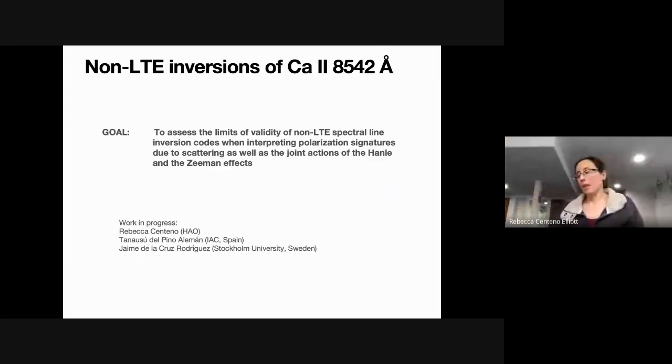So the next question that I asked myself was, how much better or worse do standard traditional non-LTE spectral line inversion codes do when interpreting the intensity and in particular the polarization of this calcium 8542 line? This is work in progress that I'm doing with my collaborators at the IAC in Spain and Stockholm University in Sweden.